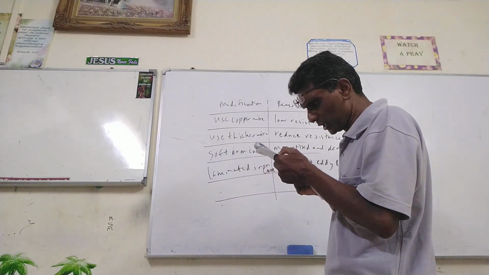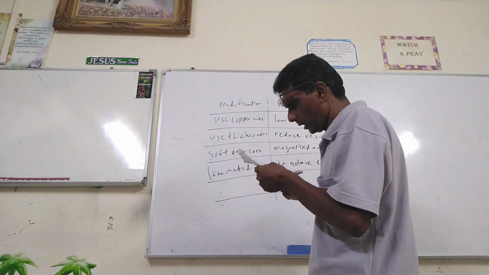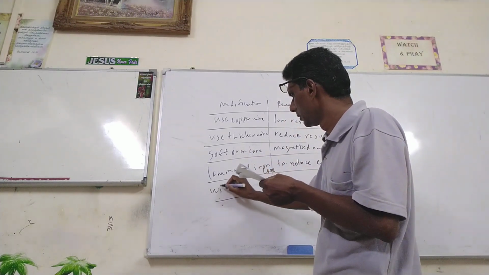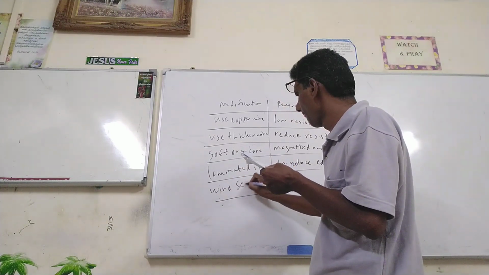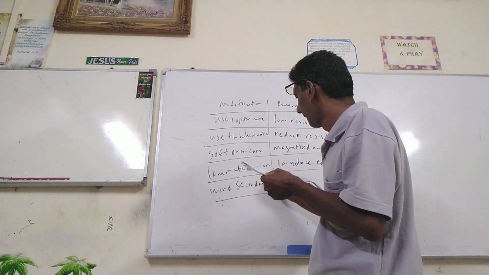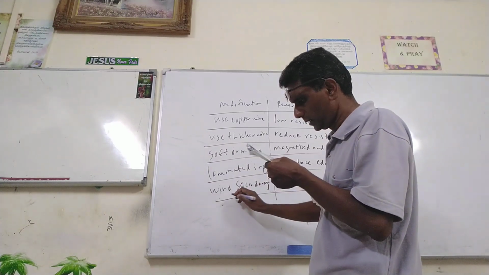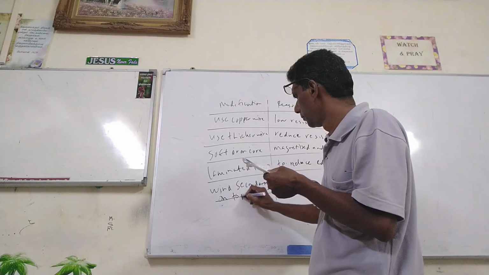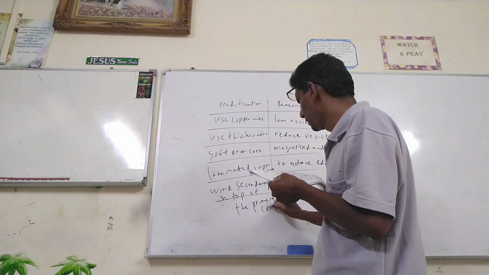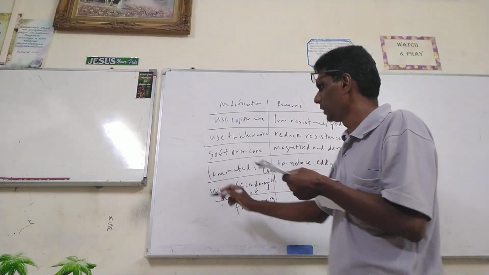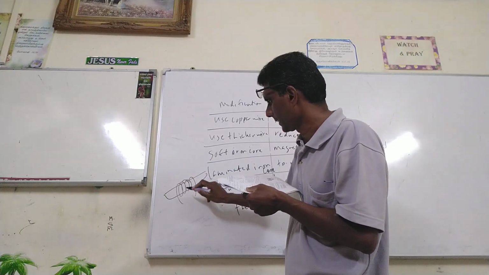Okay. And the arrangement of the primary coil and secondary coil. Arrangement: wind the secondary coil on top of the primary coil. I taught this one before. This one is the secondary coil, this is the primary coil.